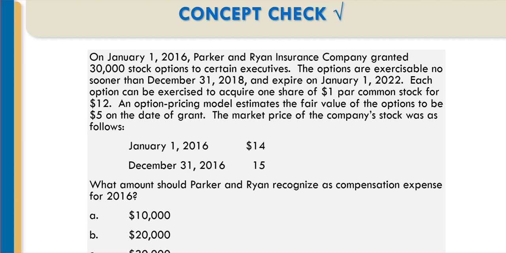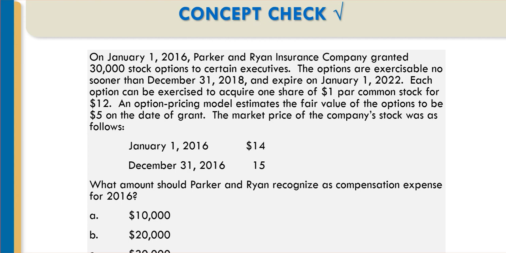They are exercisable no sooner than December 31st, 2018. Oh, goody. We have another one of those when we should go January 1st, 2019, right? To calculate it, each is 1 for 1, so an option is going to convert into 1 share of stock.